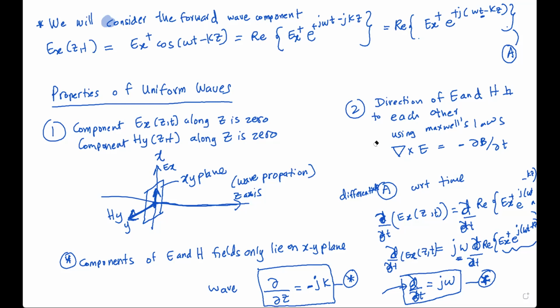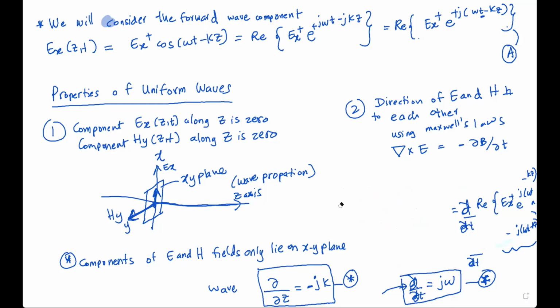So with those results, I will now simplify the equation that I wrote earlier, through which we are trying to find the direction of the electric and magnetic fields, and we are trying to get the result that they are perpendicular to each other. We will get it mathematically using these equations.